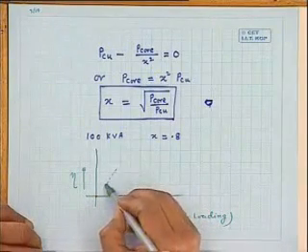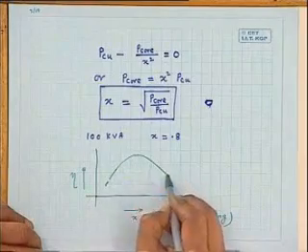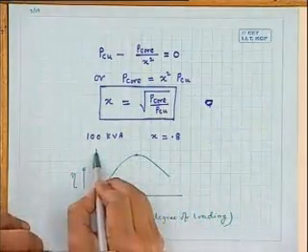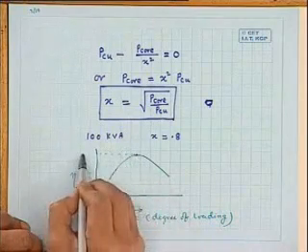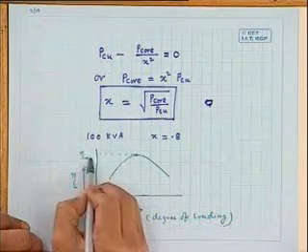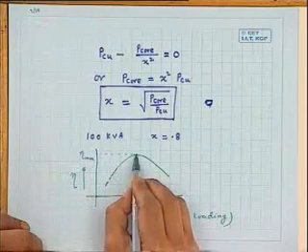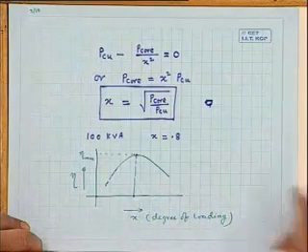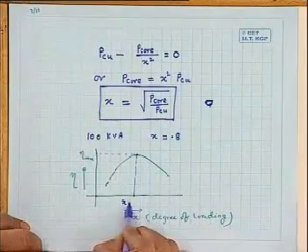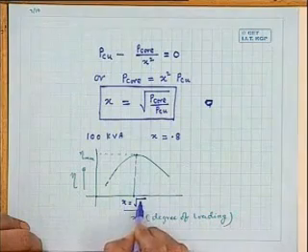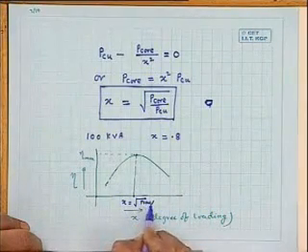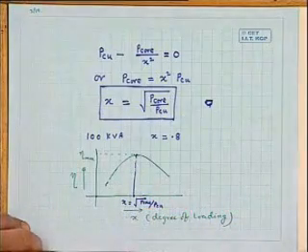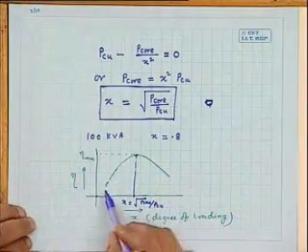But anyway, the curve will be somewhat like this, and there will be this eta max. This eta max will occur at this value of x, which is the square root of P core by P copper. This is the value of eta max.